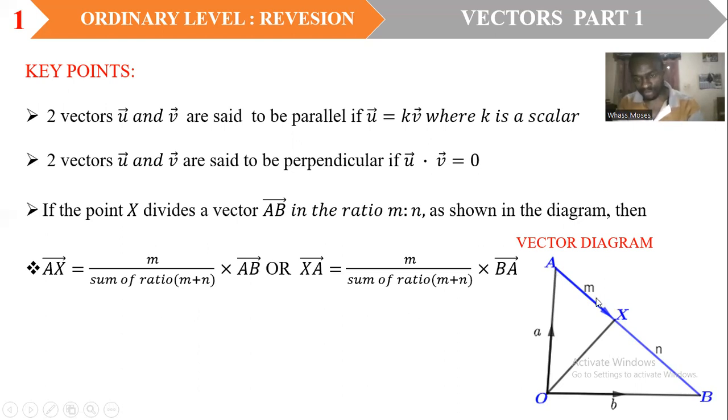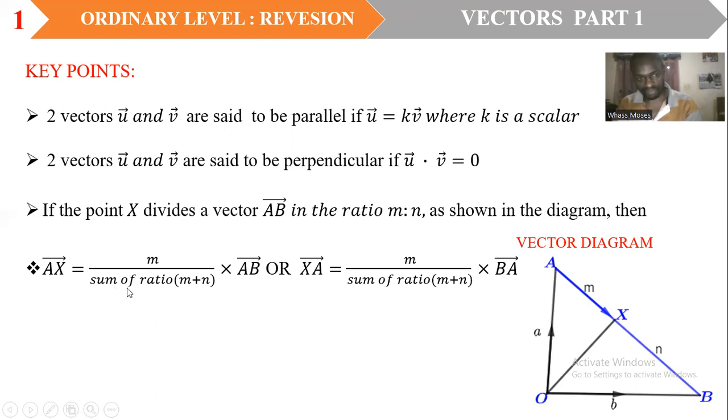We look at the proportional part for AX, which is M. So the vector AX will be given by the ratio part, which is M over the sum of ratio M plus N, times the whole vector, and the whole vector is AB.